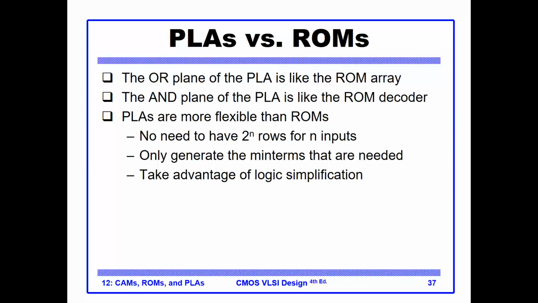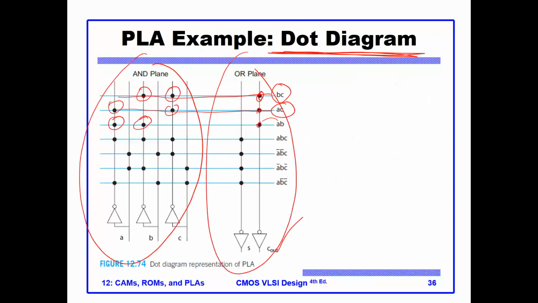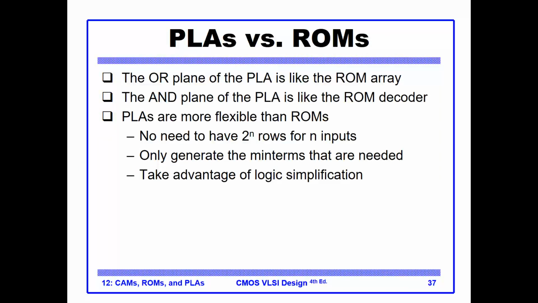Now, the fundamental difference: the OR plane of the PLA is like a ROM, which is basically this one here, but the difference is actually in here. The AND plane of the PLA is not like the ROM, and here is the key thing.